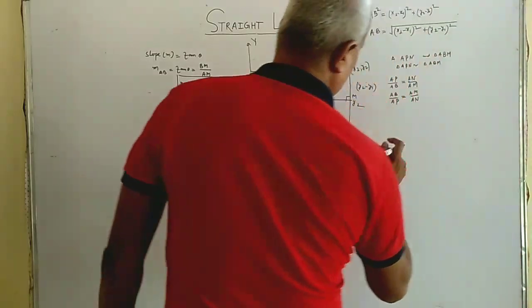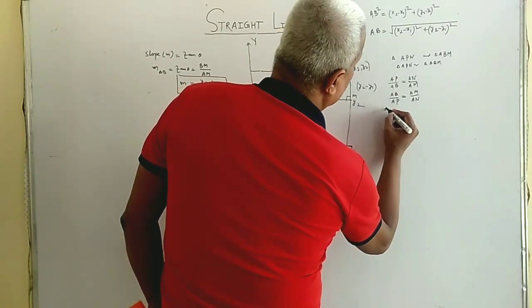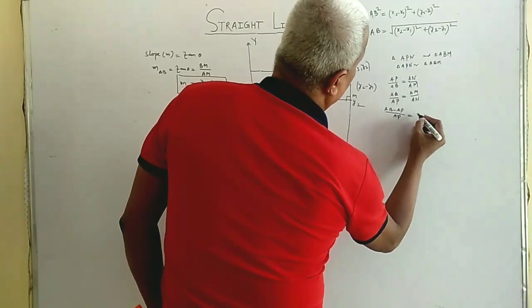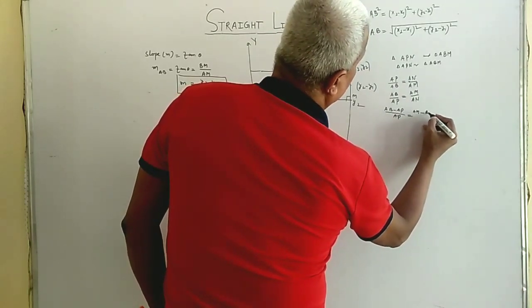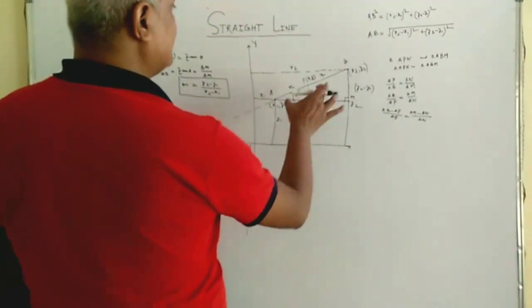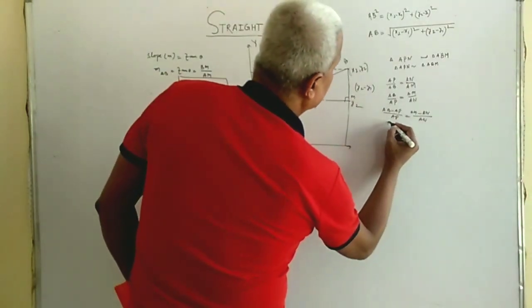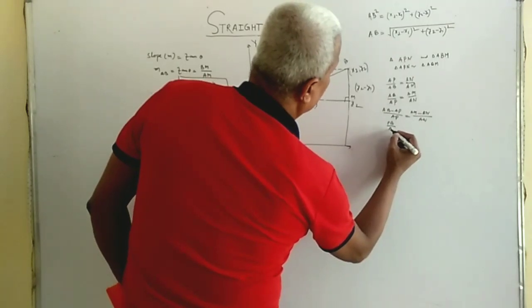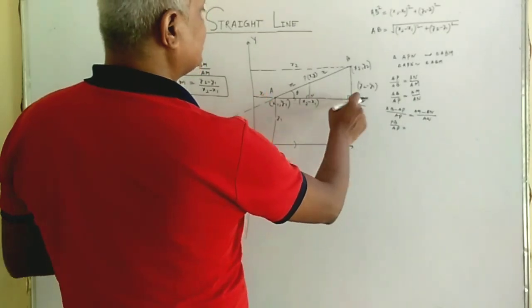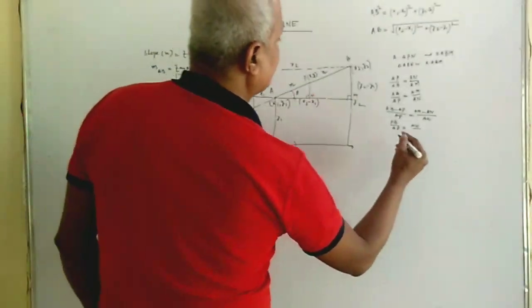So I make this line a little smaller, and subtracting one from both sides, what I'll get is AB minus AP over AP is AM minus AN over AM. Now AB minus AP is PB, so this is PB upon AP. AM minus AN is MN, so this is MN upon AN.